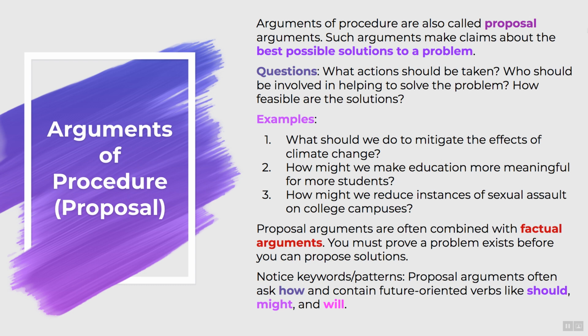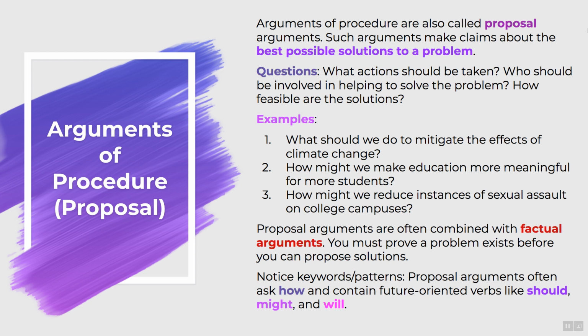Proposal arguments are often combined with factual arguments. As I said on the factual argument slide a few moments ago, factual arguments tend to be a paragraph or so, making claims, providing evidence that this problem exists, that it's real, that it affects the audience in some important way.